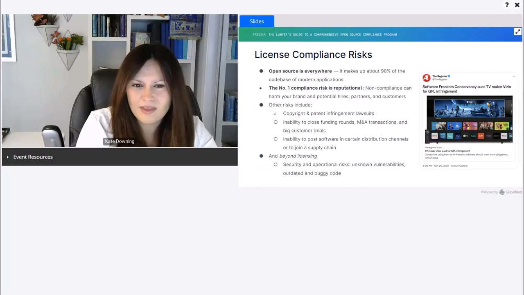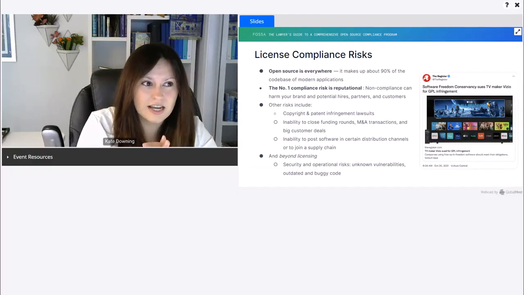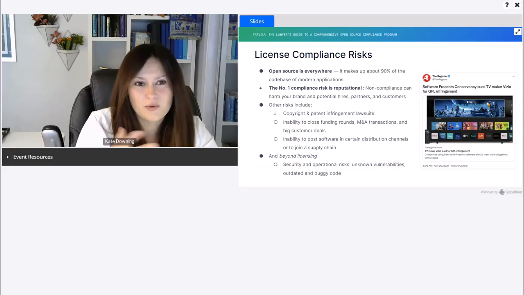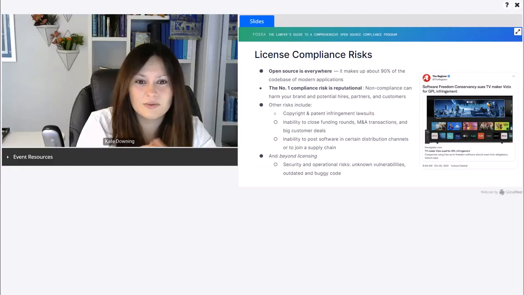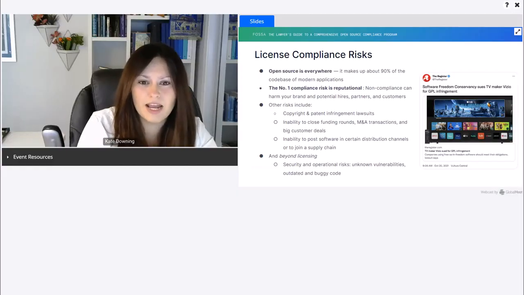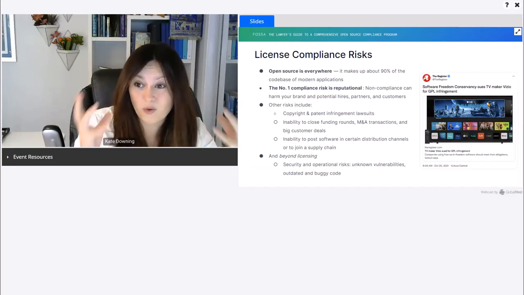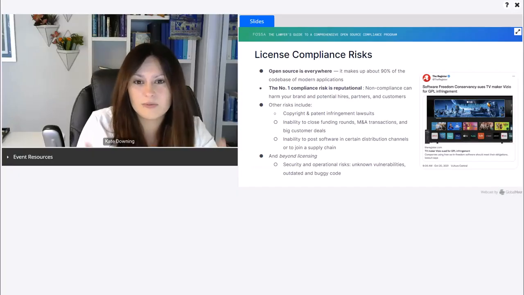I will also say that I've seen this very interesting thing happen where I work with clients on doing open source compliance and they're very interested in the legal aspect of it. As we discussed, we're interested in being ready for investment rounds, being ready for M&A. But as a side effect, I have seen that knowing what open source you're using, knowing where you're using it, knowing exact versions, right? Really being on top of this stuff has actually helped people in security in ways that they didn't expect.